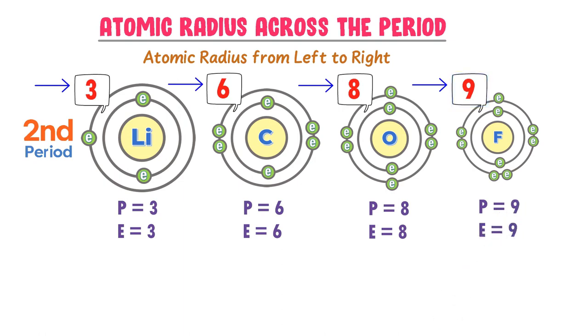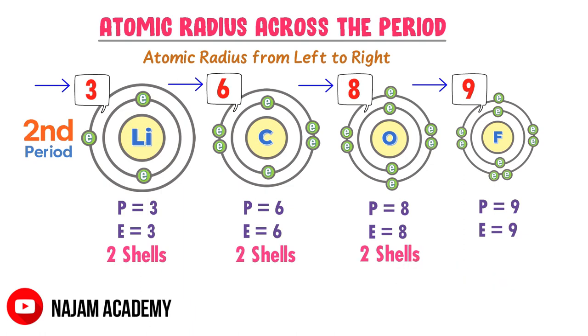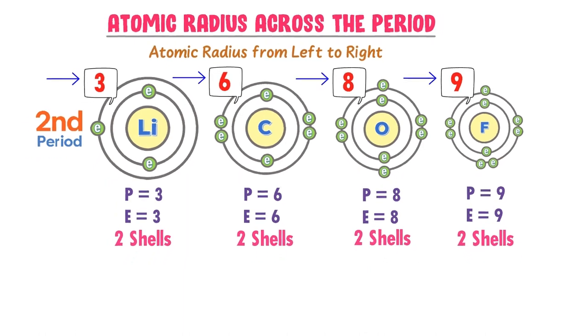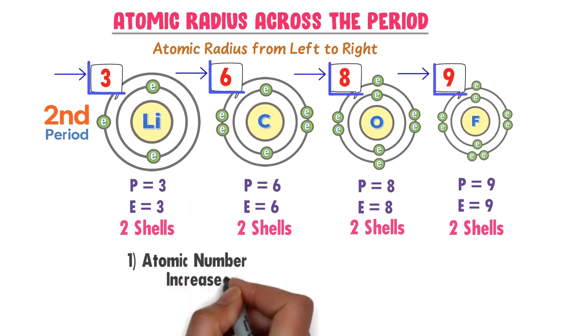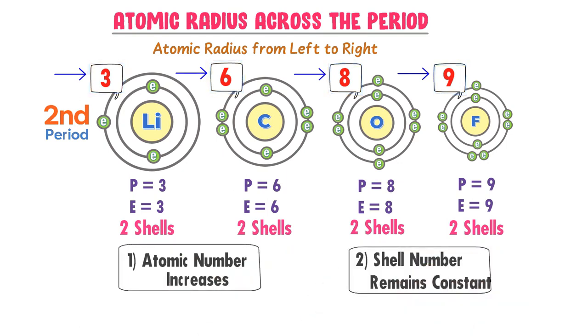Here, we can see that there are 2 shells in the lithium atom, there are 2 shells in the carbon atom, there are 2 shells in oxygen atom, and there are 2 shells in fluorine atom. Now listen carefully. As we go across the period, atomic number increases. Secondly, the number of shells remains constant.